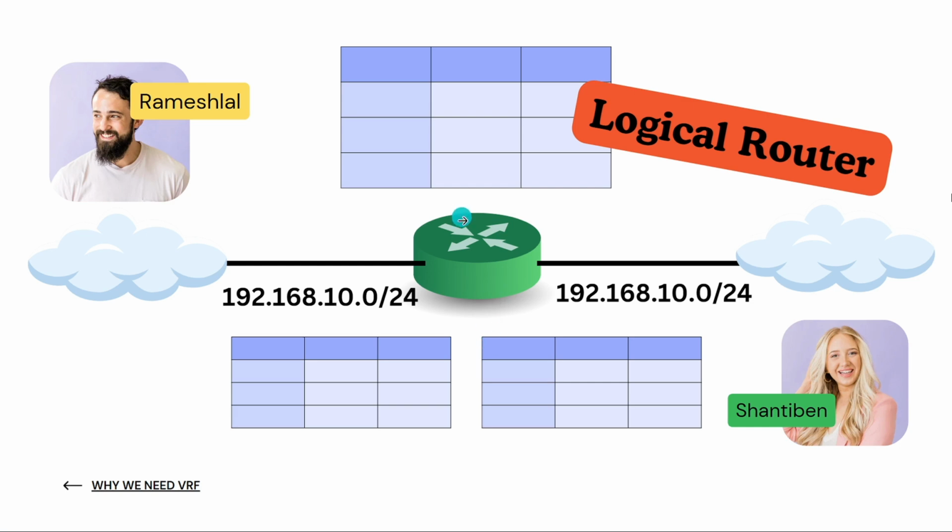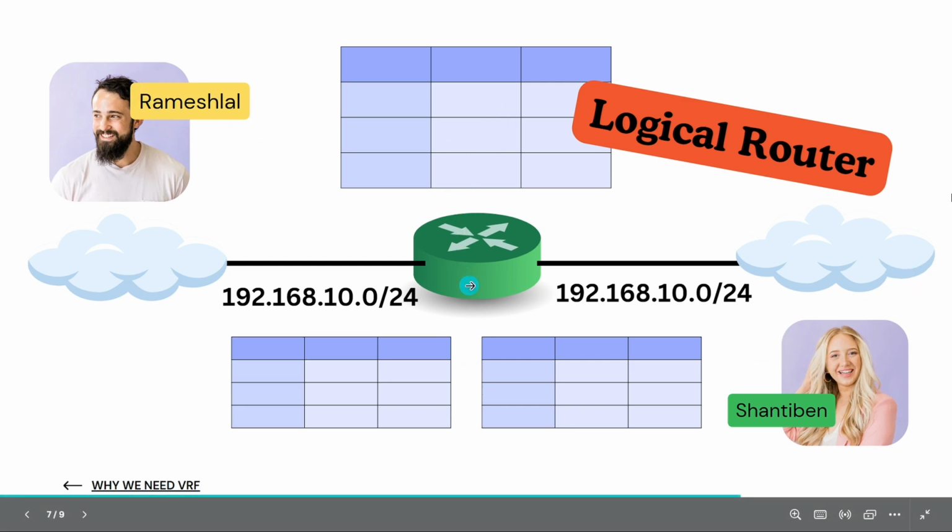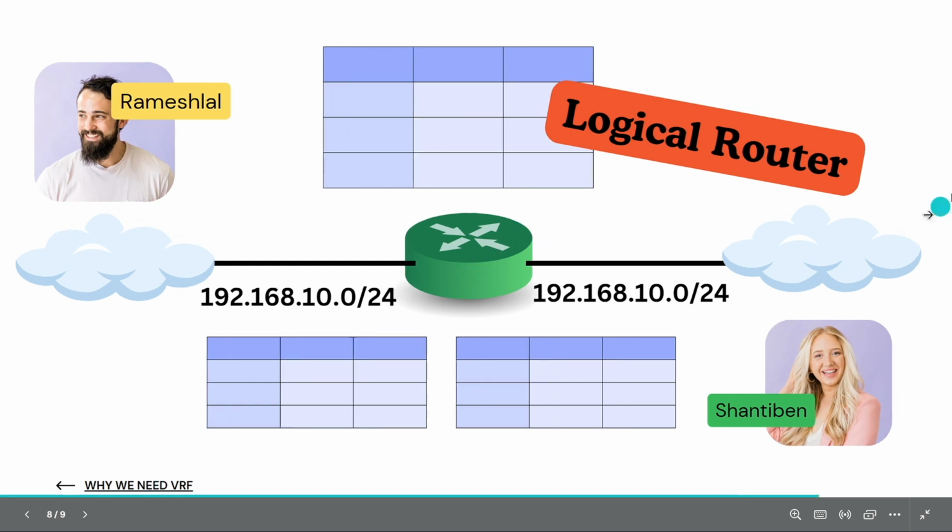Before that, let's say Ramesh Lal wants to access Santiban's devices. Then the router in the X company can provide a route to the Santiban network. But now, as they both belong to different VRFs, they can't directly communicate. A central router must provide some kind of routing in order for Ramesh Lal to communicate with Santiban. So the security between customers is also increased.